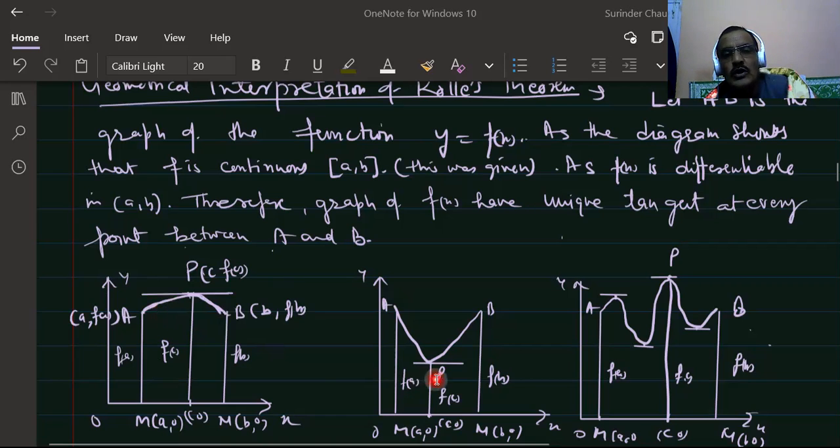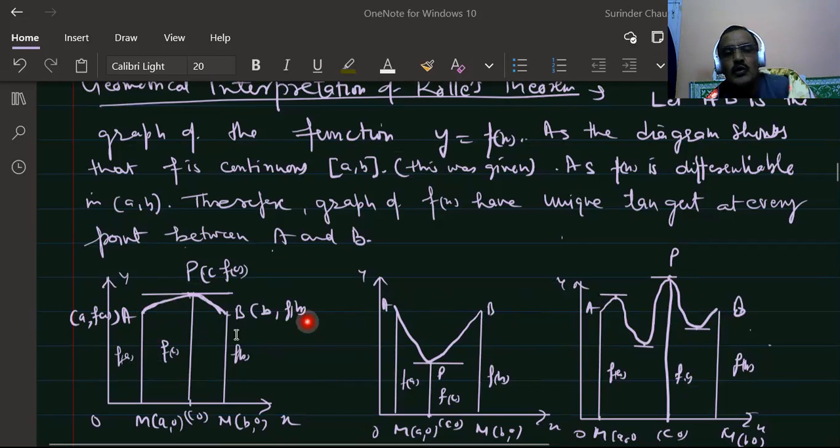This is a maxima, this is the greatest bound, the upper bound, this is a local maxima, and this is a local minimum, and it goes like that.